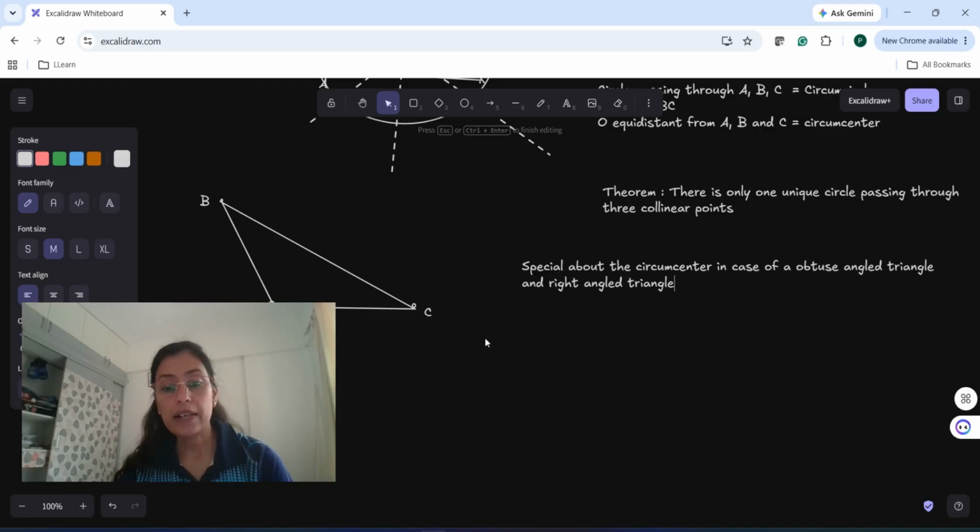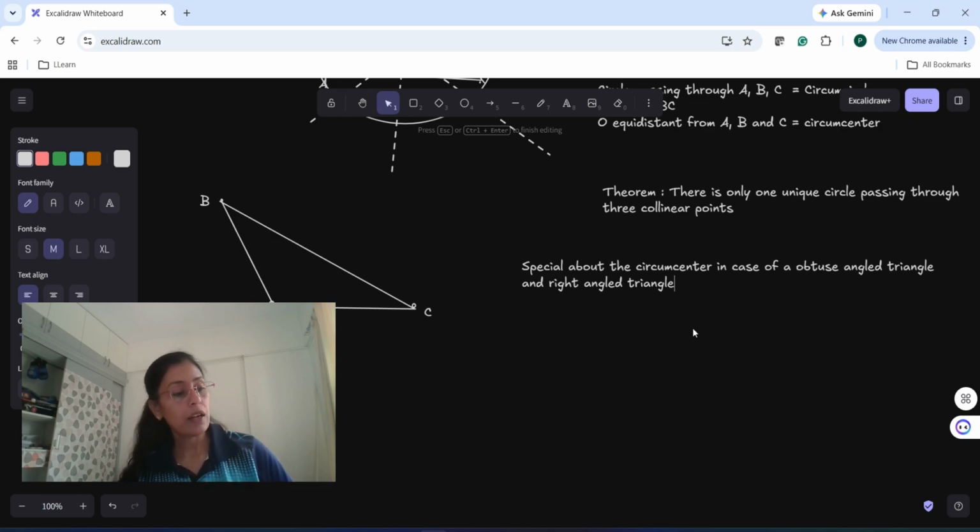Okay, so that is your homework. You need to draw and see where it falls. Similarly, you need to draw for a right angle triangle and see where that circumcenter falls. And then you need to come back and tell me what it is that you observed about the circumcenter.